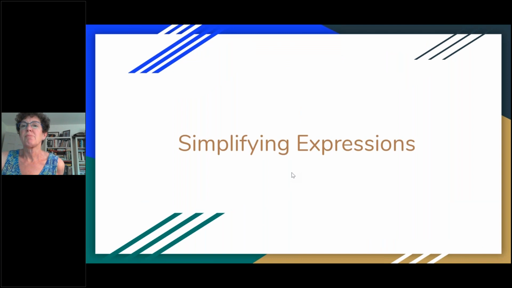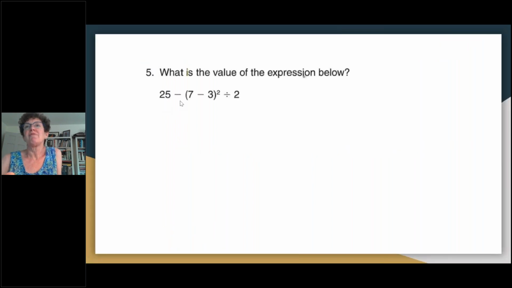So, simplifying expressions. What do we mean by that? Expressions are when we have numbers with operations between them and there isn't an equal sign. So all we're doing is taking a group of numbers like this and performing the operations that it tells us to do.